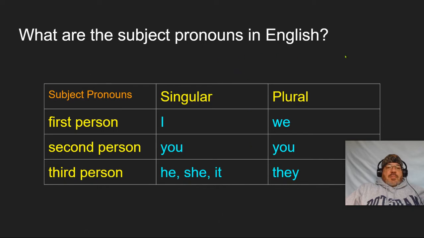What are the subject pronouns in English? We've talked about this, right? We have I, you, he, she, it, we, you, and they. Okay, this chart has two columns, singular, plural, and it has three rows, first, second, and third person.